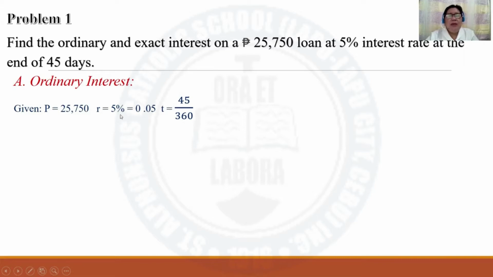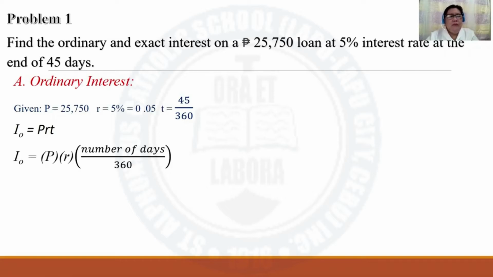The rate is 5%, equivalent to 0.05. And since the number of days is 45 and we are using the ordinary, then time or T is equal to 45 over 360. Then, using the formula, I sub O is equal to PRT.